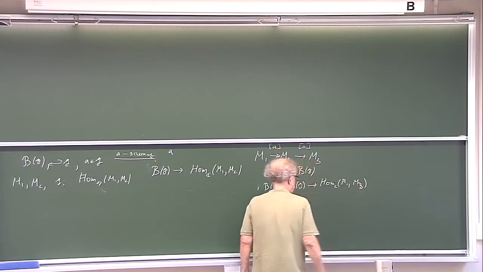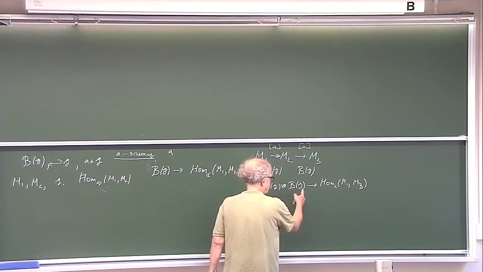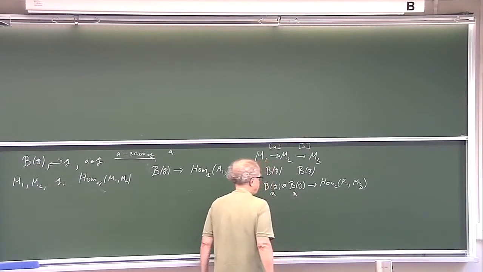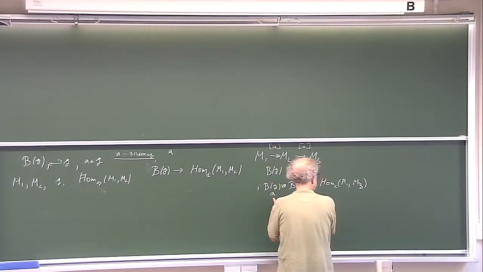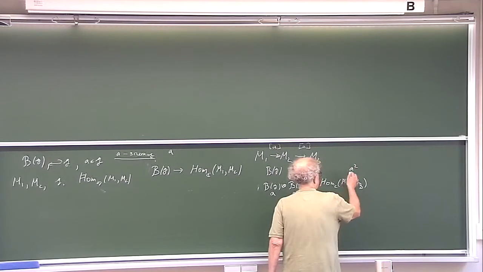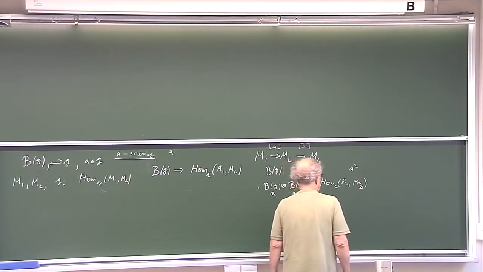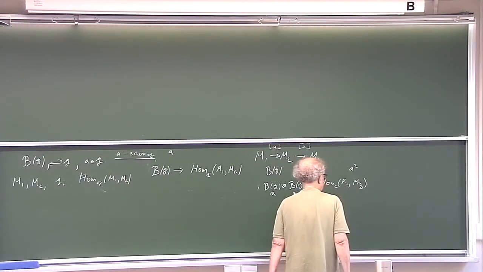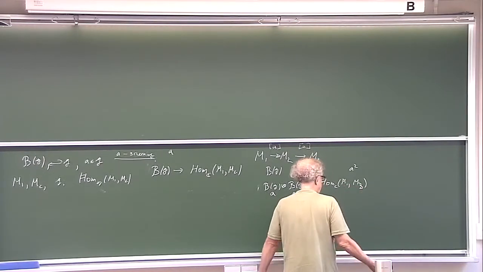But what are we interested in? We have element A here, and we have element A here. The composition is something which is good to denote by A squared. These are operators acting from this to this. And if we have such a morphism from this to this, how to characterize it?